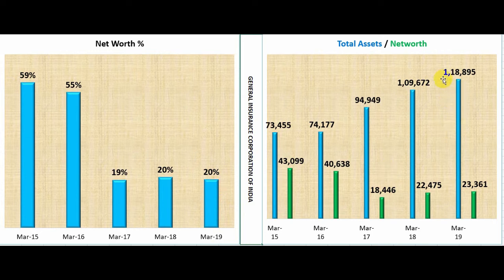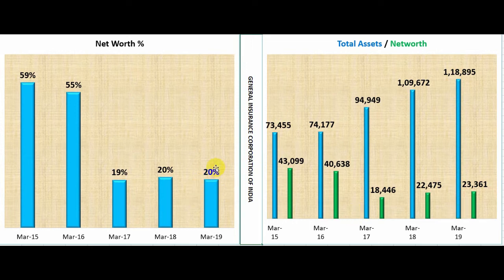So the total assets as of March 19 on the company's books were around 1,18,895 crores. This is the total assets the company has shown in its balance sheet. Against that, the net worth is 23,361 crores. So that's 20% of net worth as a percentage of total assets.